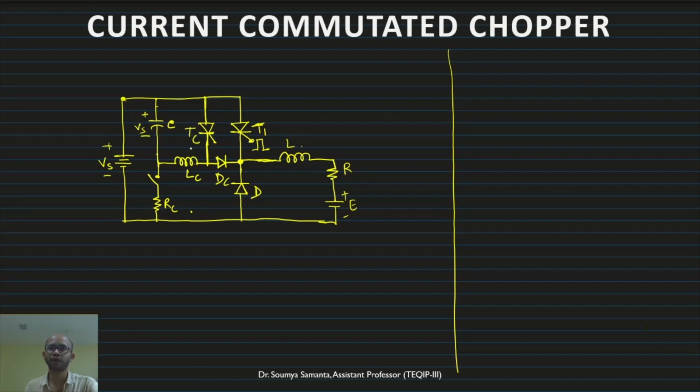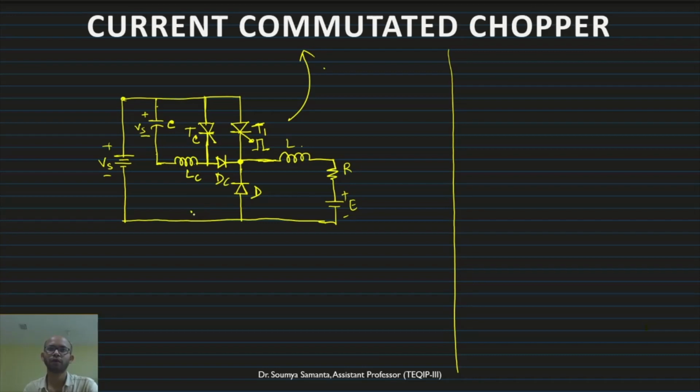This is TC. Now this circuit becomes the current commutated thyristor, or current commutated chopper circuit.